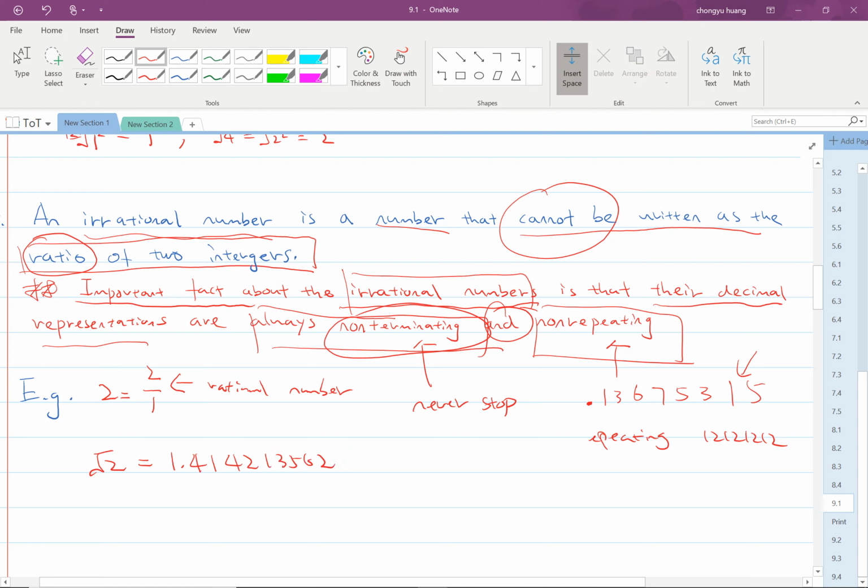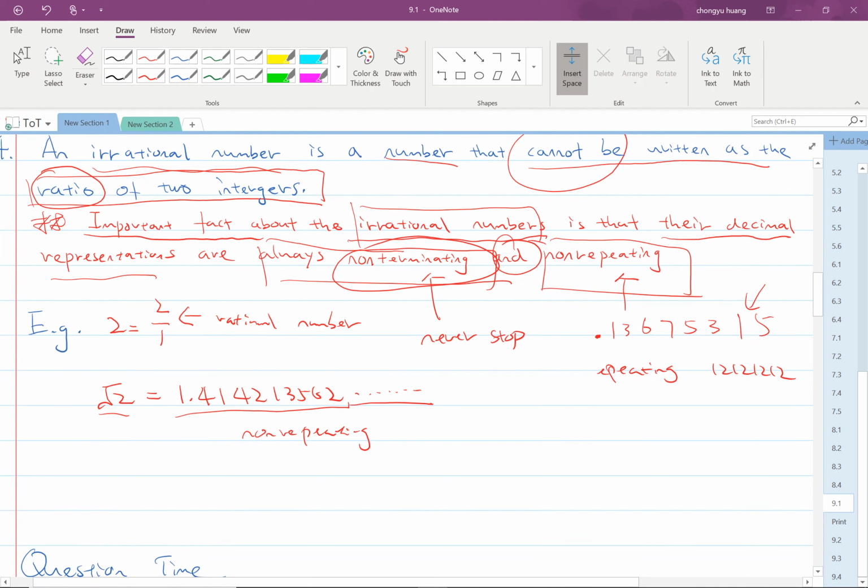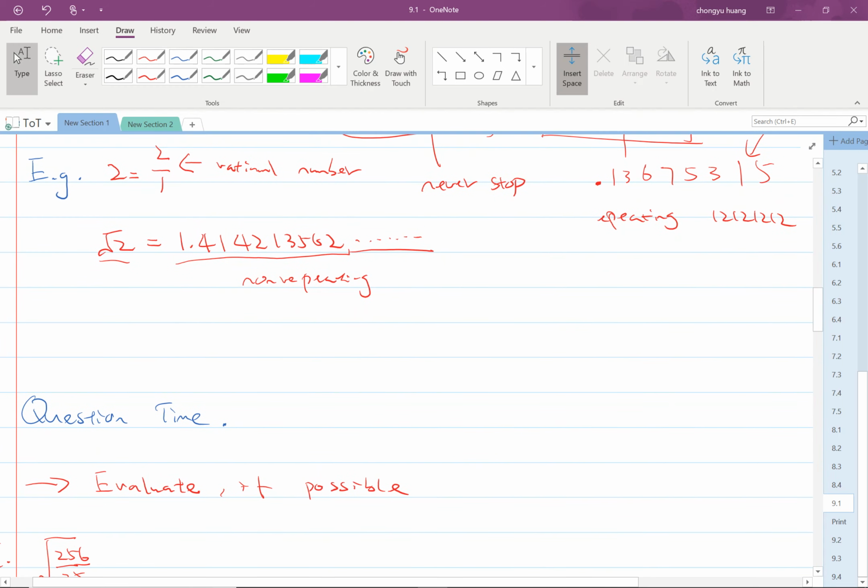As you can see, root 2 is equal to this, and this number is non-repeating. Let me move it down a little bit.